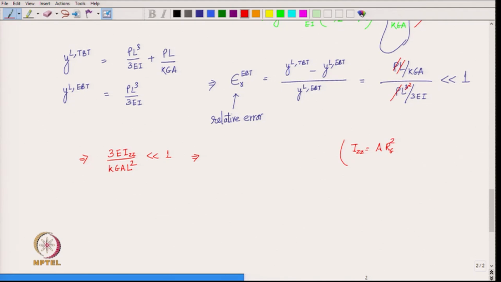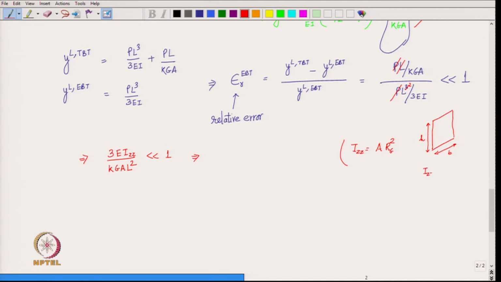And what does this R_g denote? That is going to denote the extent of the beam in the y direction, is not it? If we have a rectangular cross section, then we know that this is h and this is b.